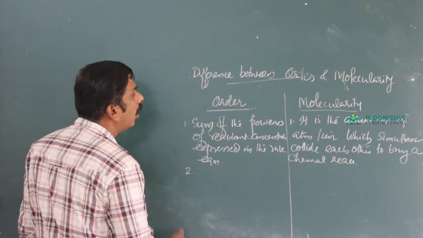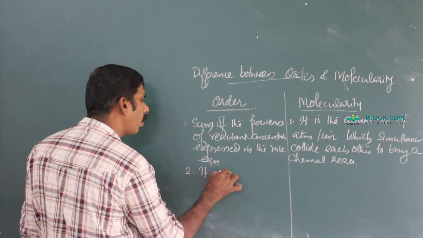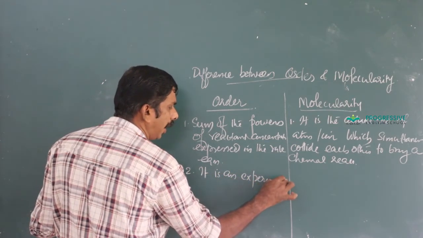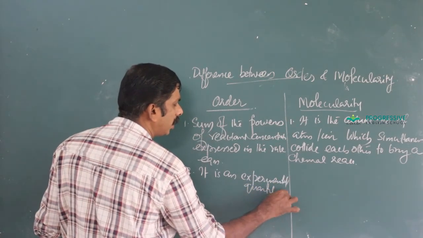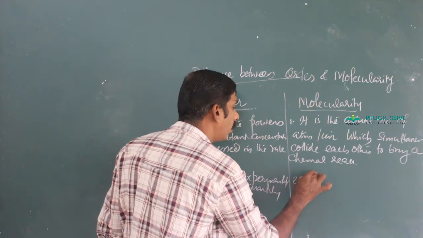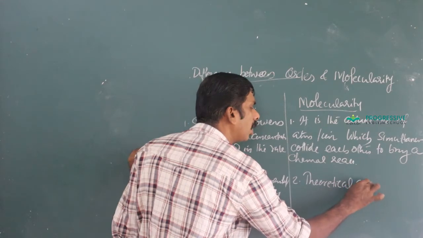Then second one, order is an experimental quantity. Order is calculated through experiment, while molecularity is a theoretical concept.